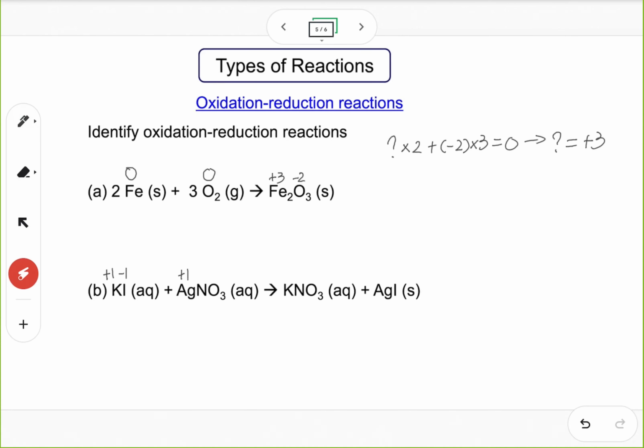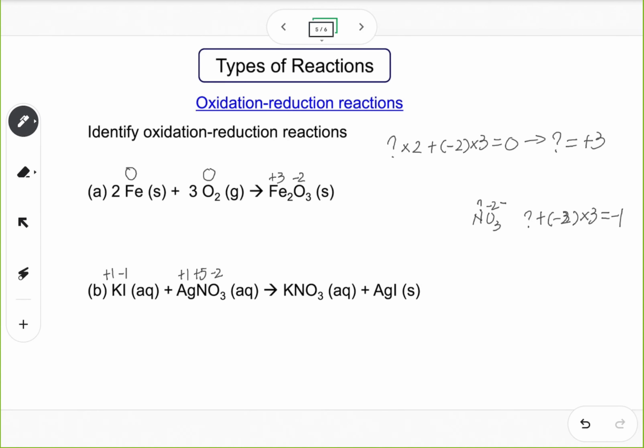And for NO3, as we did before, if you happen to remember, question mark plus -2 for each oxide times 3 equals -1. So question mark should be calculated as +5.